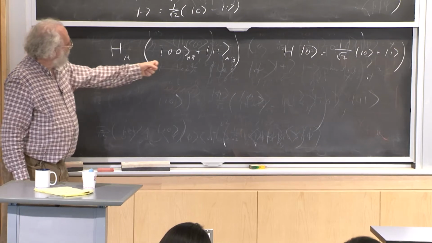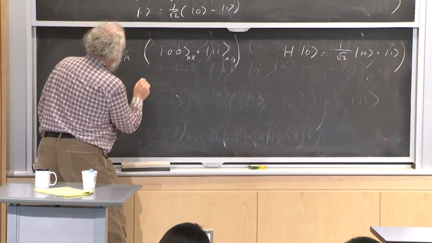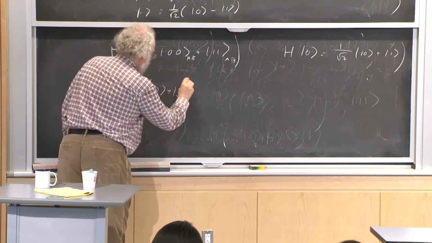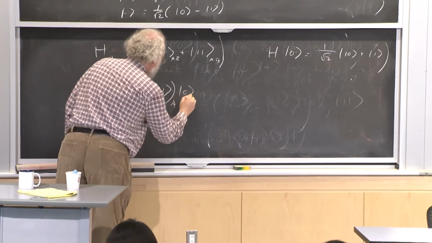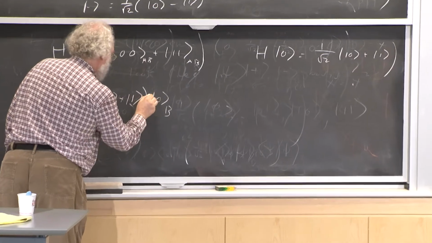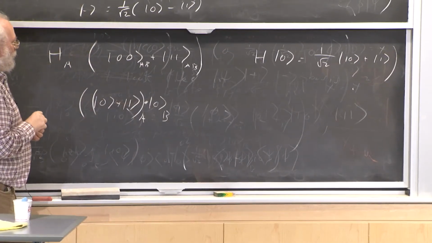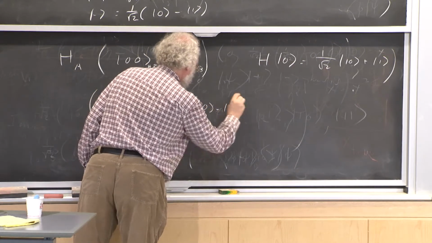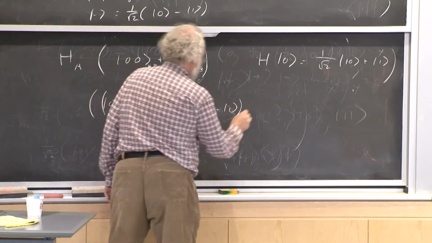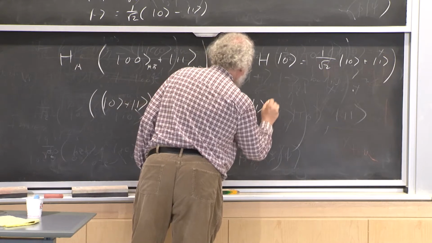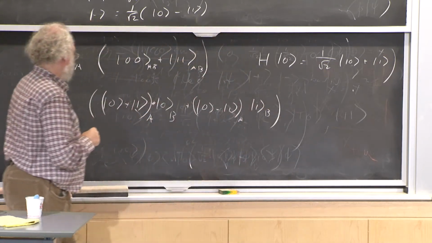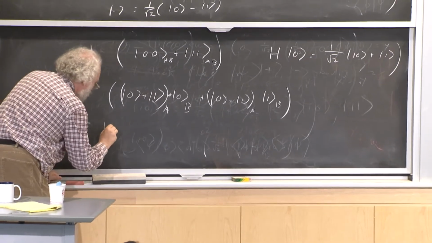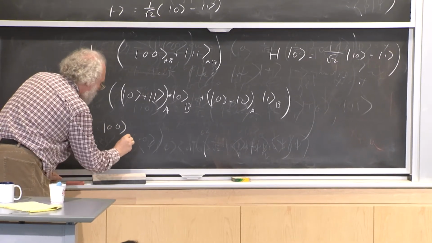So if you apply the Hadamard to the 0, you get (0 plus 1) A, 0 B, and maybe I should put a tensor product in, plus (0 minus 1) A, 1 B, which is equal to 0,0 AB.